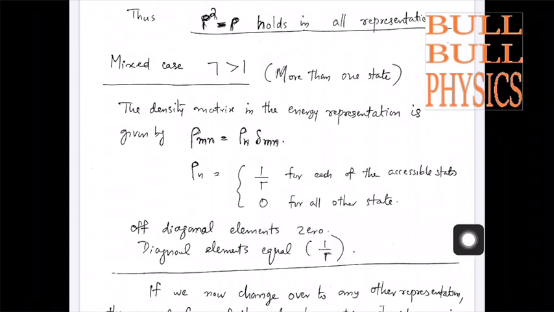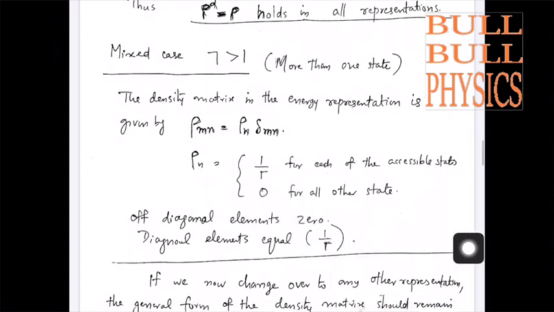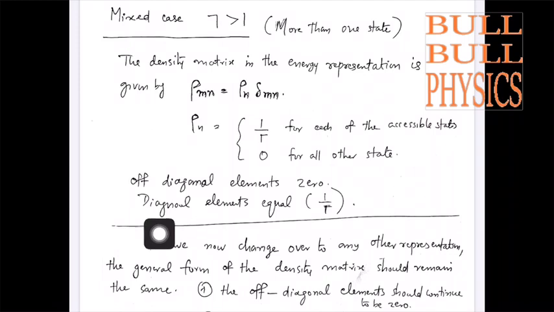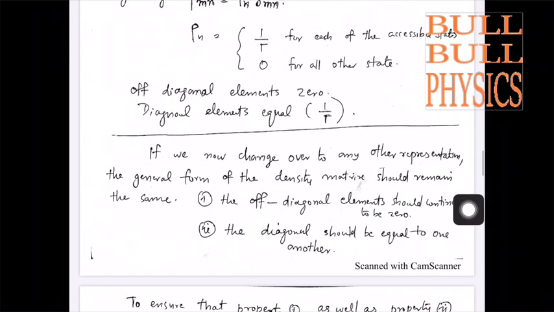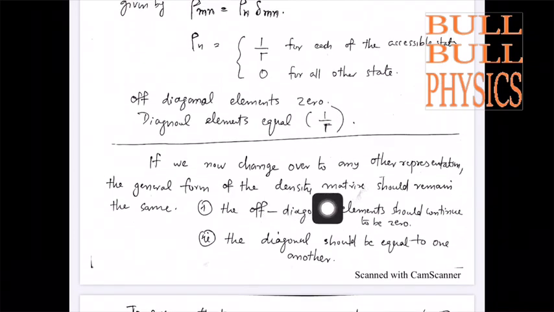So again, this actually comes from the equal a priori probability postulate. Each of the accessible states has the same probability, so rho n is 1 by gamma. So the diagonal elements are all equal to 1 by gamma, and the off-diagonal elements are 0.